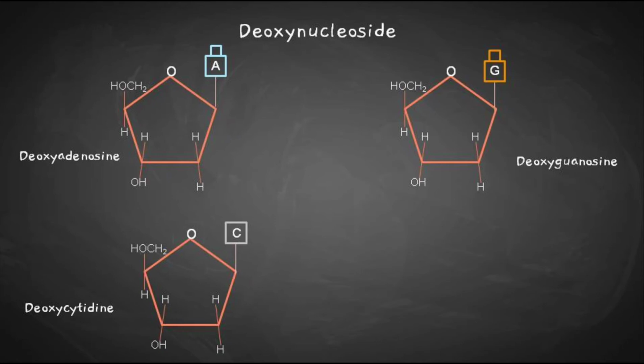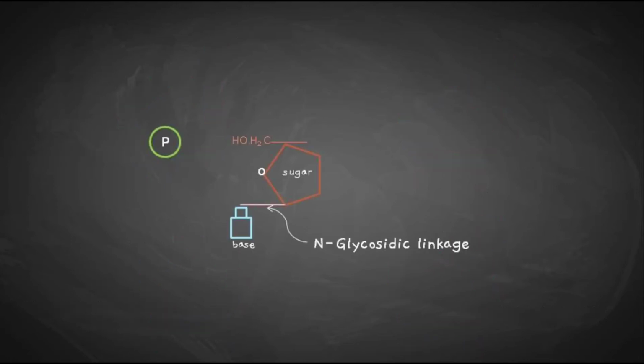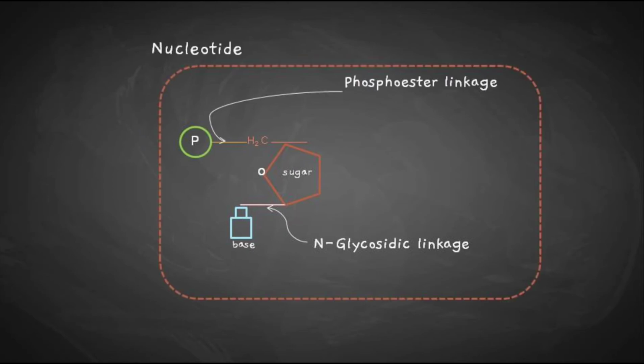Cytosine with deoxyribose sugar is deoxycytidine. Thymine with deoxyribose sugar is deoxythymidine.